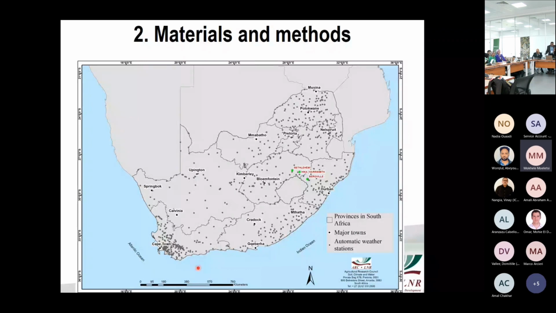This is an agro weather station, and for this study, we looked at 2 weather stations, Bethlehem and Harrismith in the Free State, and also Bergville, in KwaZulu-Natal, which is a relatively lower altitude station.